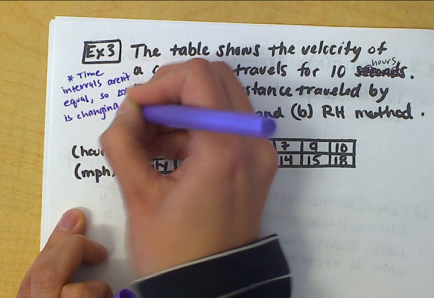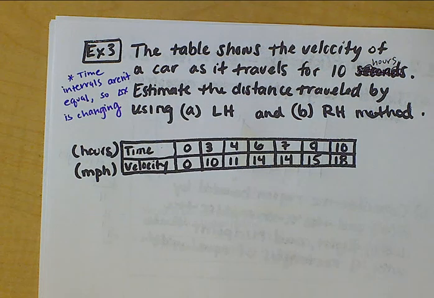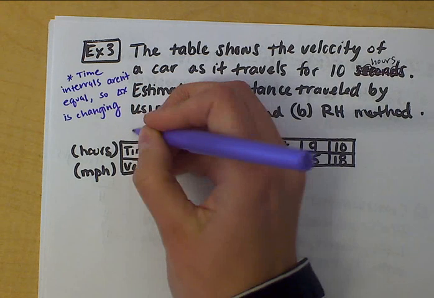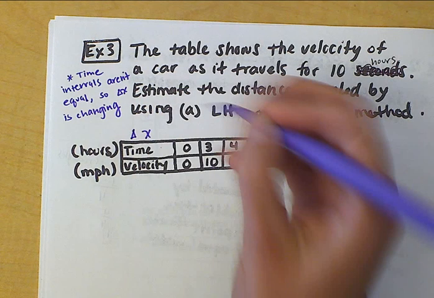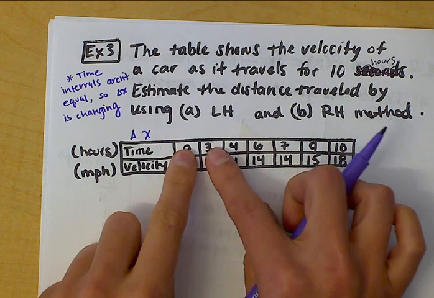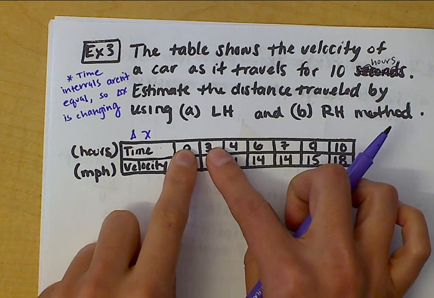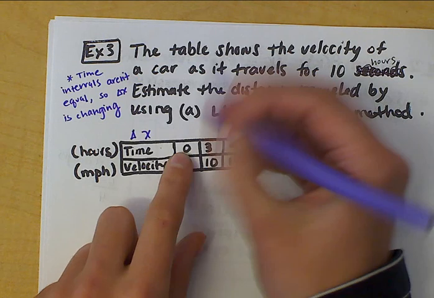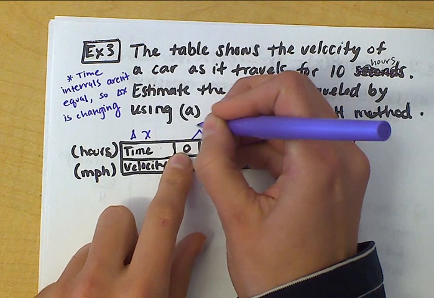So your change in x will be different. And I'm actually going to add a little column up here for the change in x. Okay? And the change in x will happen between 2 points. So between 0 and 3, x changed by 3.